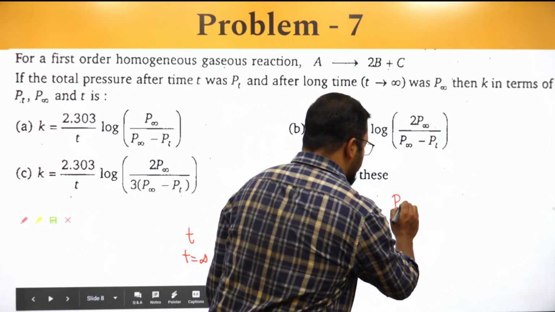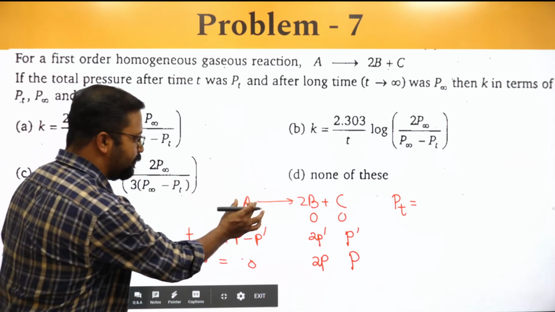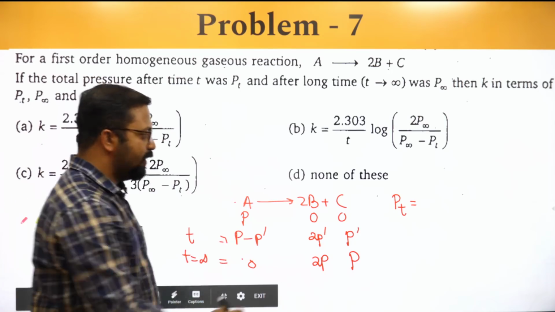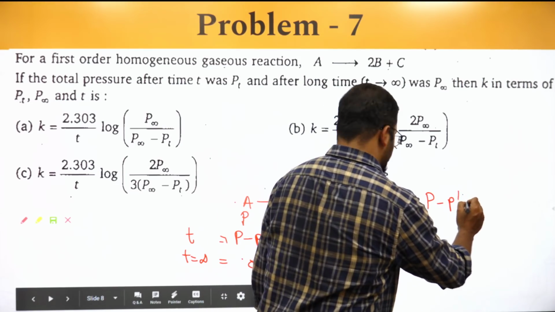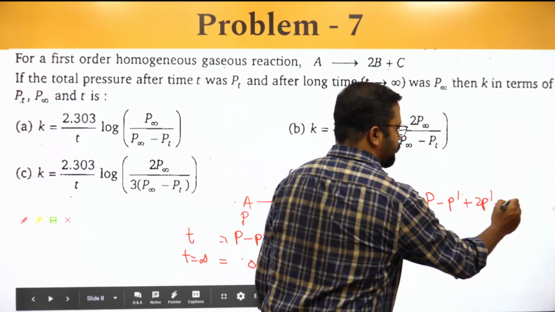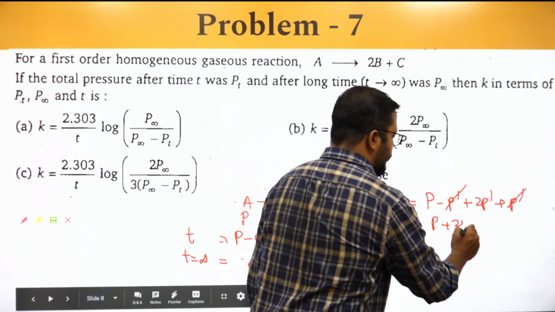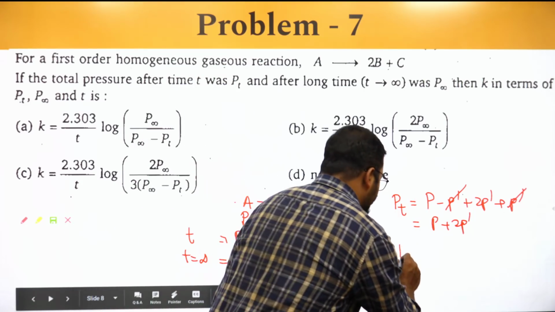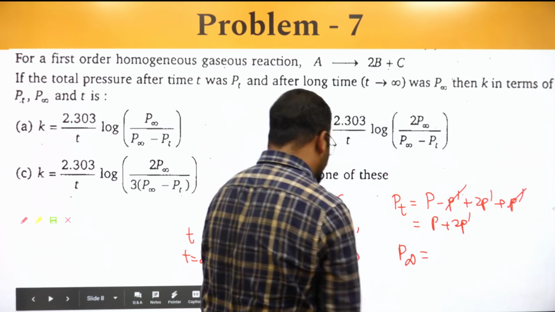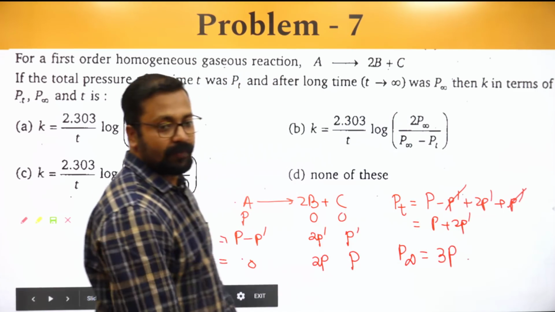So I will get Pt, which is pressure after time t. Pressure after time t will be pressure of A plus B plus C, which is P minus P dash plus 2P dash plus P dash, which will get cancelled out. So P plus 2P dash will be equal to this. P infinity will be equal to 3P.